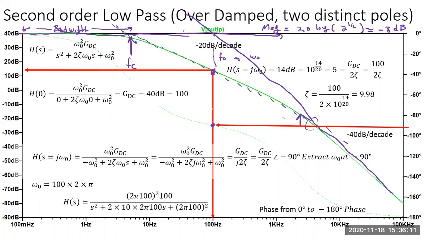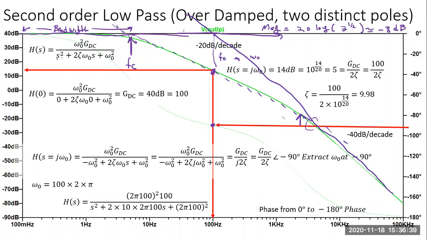Okay. So again, by the shape, we see that it's low pass. The phase goes minus 180 degrees. That's indicating that it's second order, right? Seeing 2 poles like that is indicating that it's second order as well, right? Again, to find the DC gain, set J omega equal to 0.